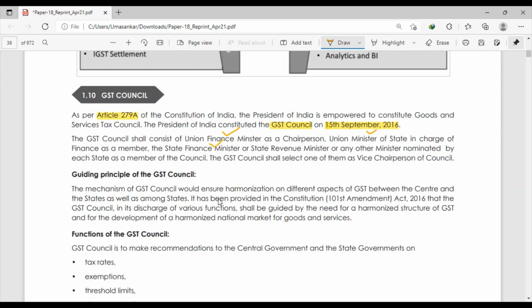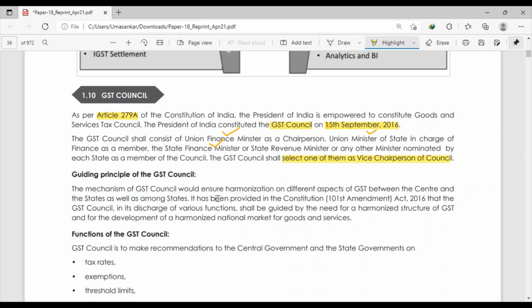Okay, meaning whoever will be handling the finance. The GST Council has to select one of these persons as vice chairperson of the council.